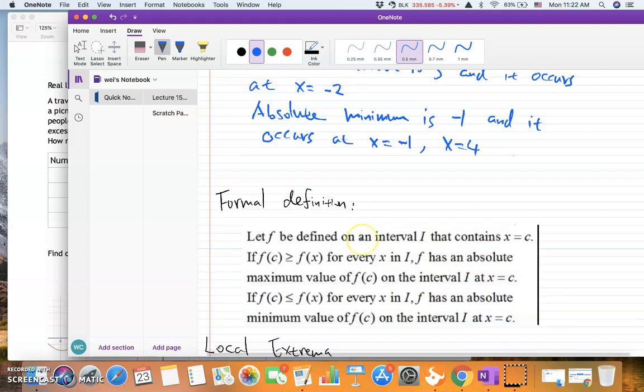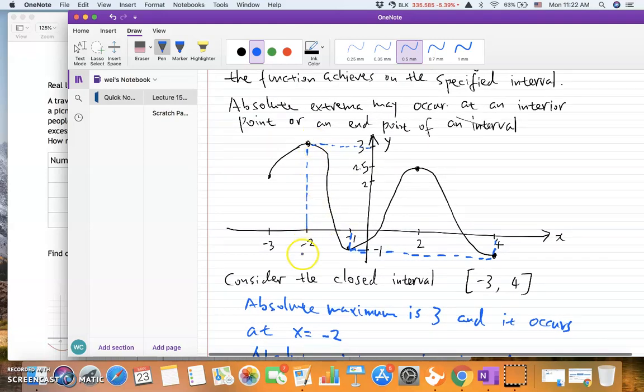So because the function value at -2, f of -2, is the highest compared with any other function values on this interval from -3 to 4, f of -2, which is 3, is the absolute maximum.